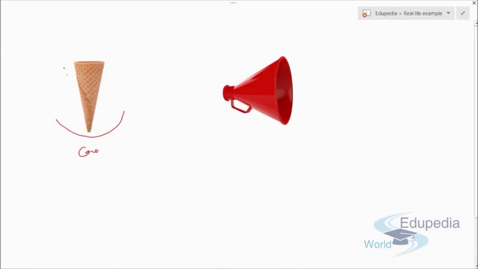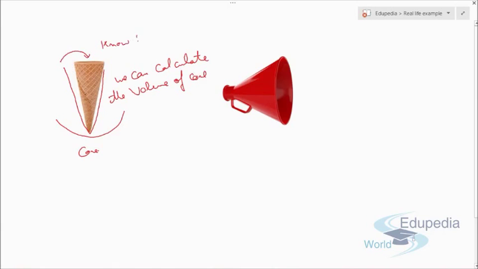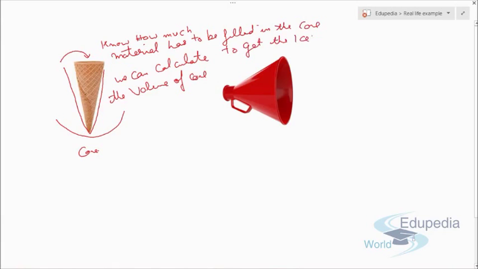Now if you know how we can calculate the volume of the cone, then you can actually know how much material has to be filled in the cone to get the ice cream, right?